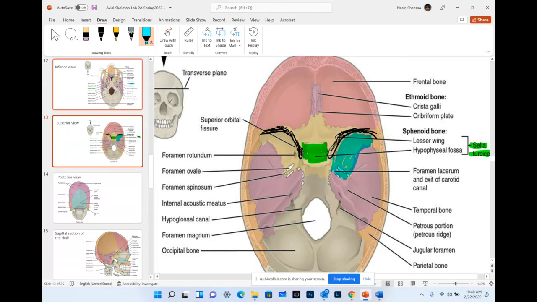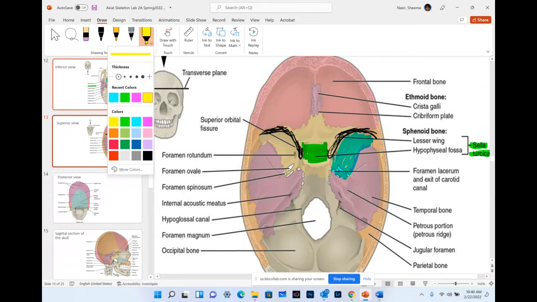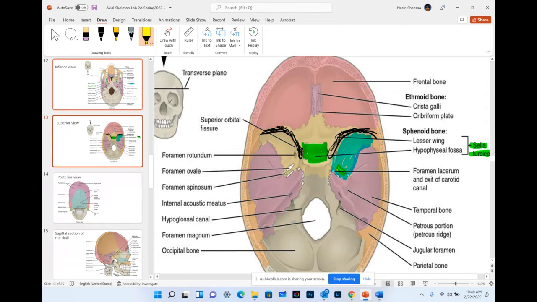Now, over here, I said you can see these holes right here. See this hole and this hole and the hole right next to the middle part. So what is the middle part? You see this in the center?